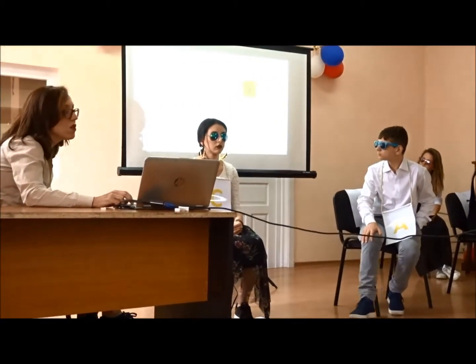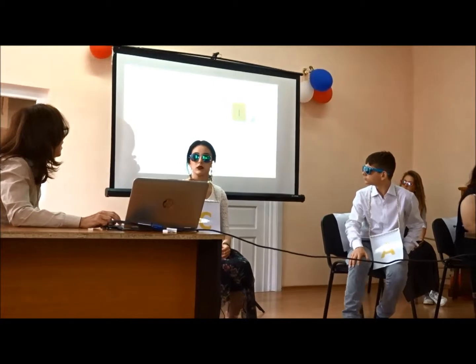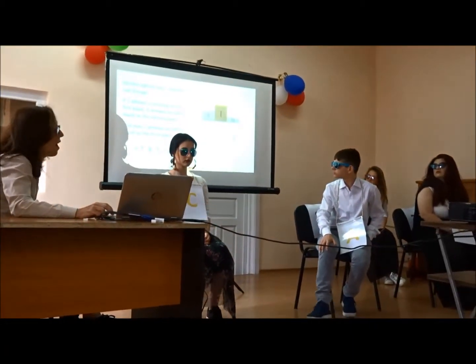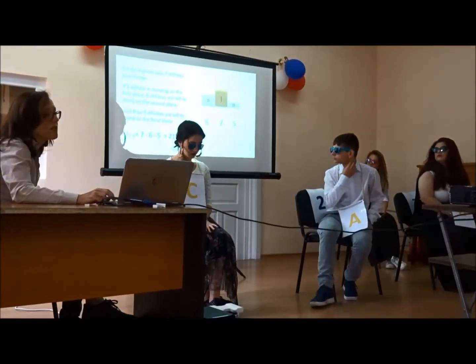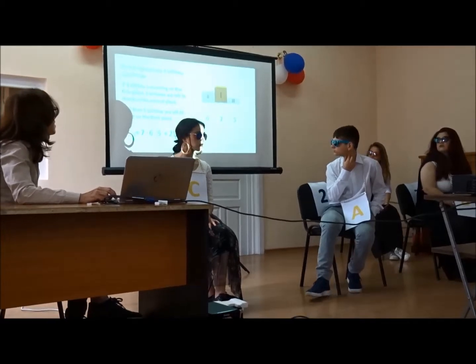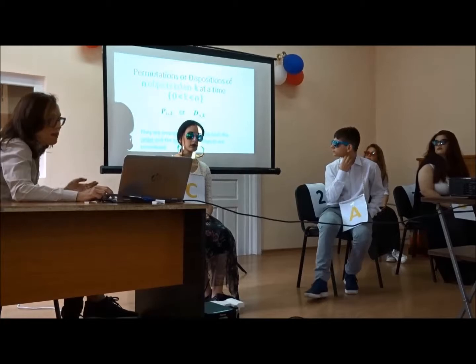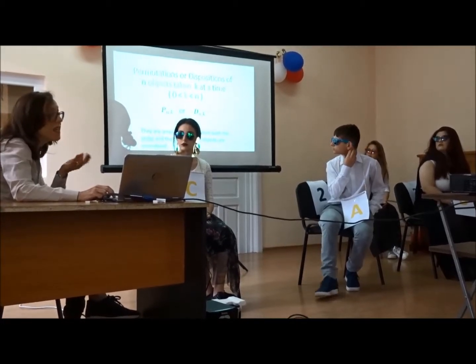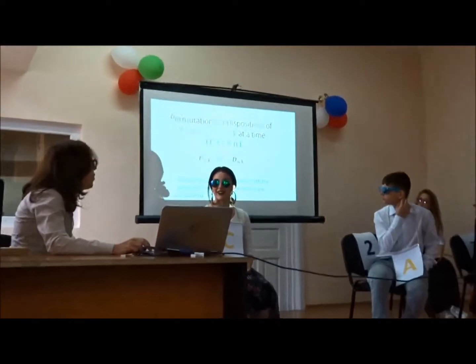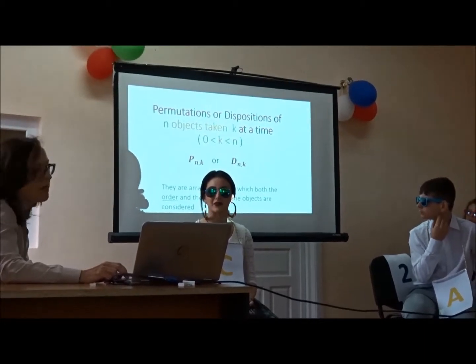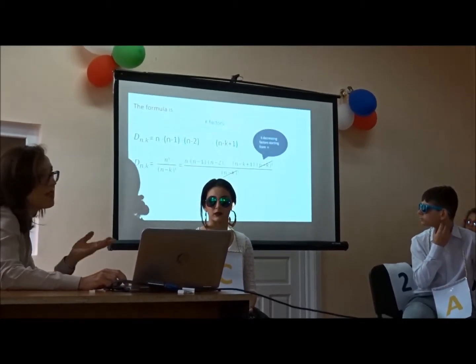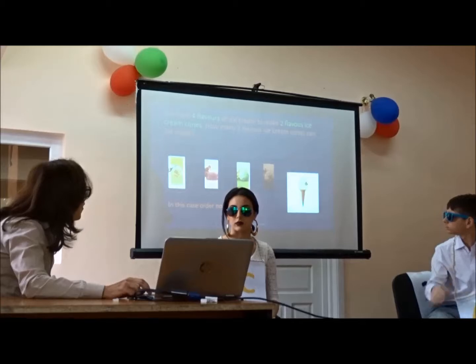These are dispositions of 7 fleets taken 3 at a time. The calculation is 7 times 6 times 5 equal to 210. In this case, both the order and the nature of the elements are important. This is the formula.